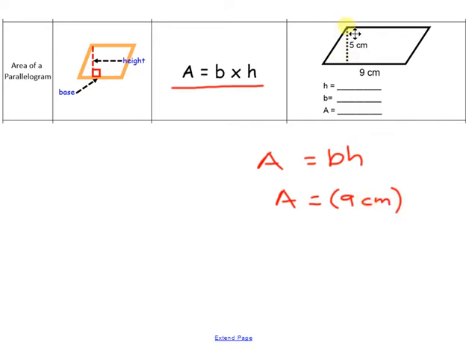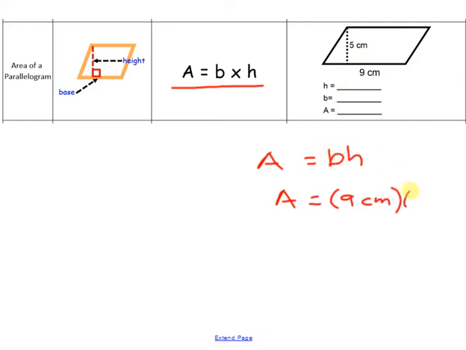Notice that it has a perfectly vertical line drawn to show the height here. This slanted line is not the height, because it's slanted. You always want to make sure that you have the correct dimension for your height. The height in this case is 5 centimeters.